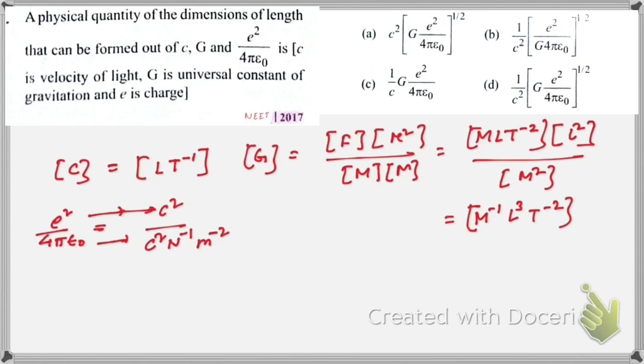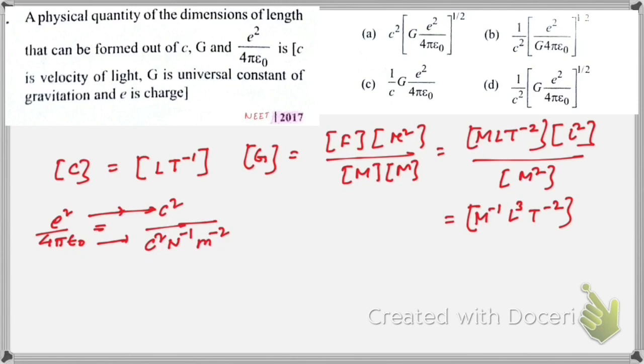You're going to get this in class 12. If you are in class 11, I don't think you are aware of this, so you will get this in class 12.